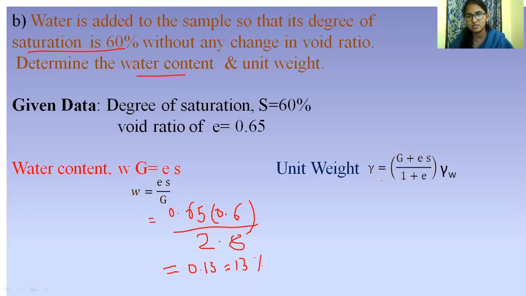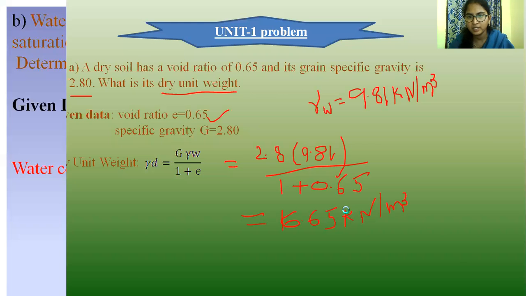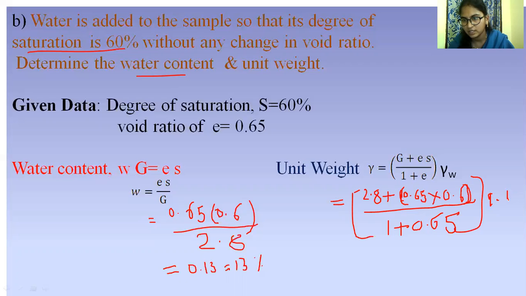Next, unit weight. Unit weight gamma is equal to (G plus eS) by (1 plus e) into gamma W. Specific gravity G is equal to 2.8 plus void ratio 0.65 into saturation 0.6, divided by 1 plus e, where e is equal to 0.65, into unit weight of water 9.81.